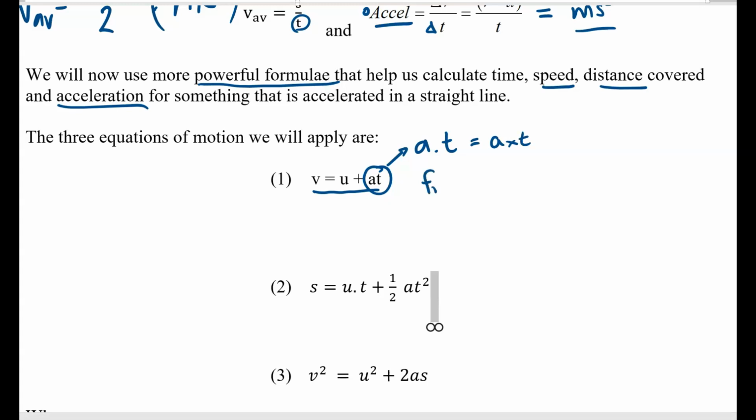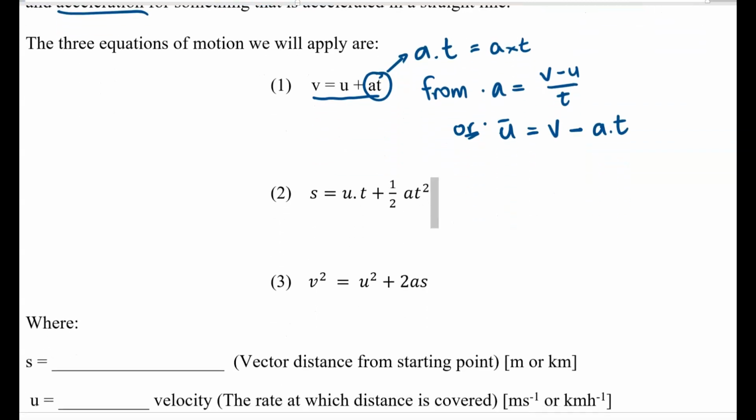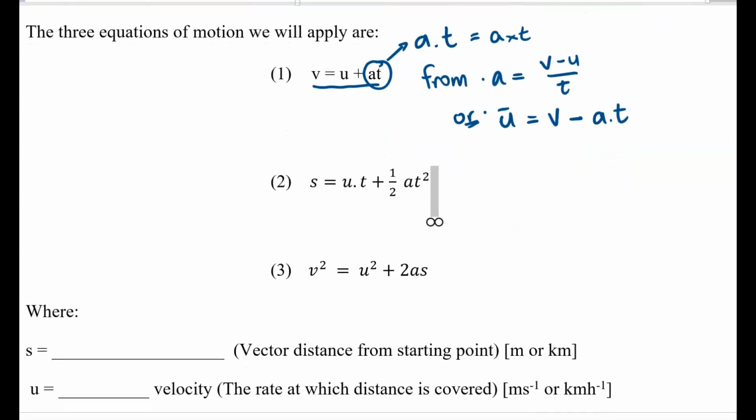That comes from our definition of acceleration, v take u on t. All we've done is rearrange that and make final velocity our subject. If we want to, we can also tweak that, and say our initial velocity is v minus a t, acceleration times time.